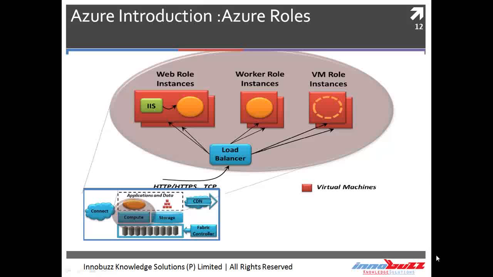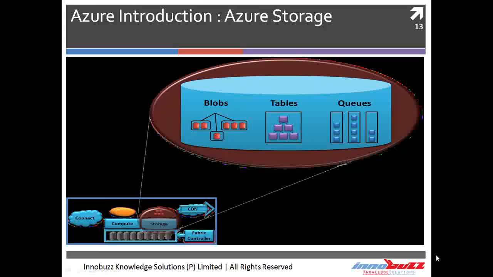So the ability to execute code is a fundamental part of the cloud platform, but it's not enough. Applications also need persistent storage, which we'll see over here, the Azure storage.